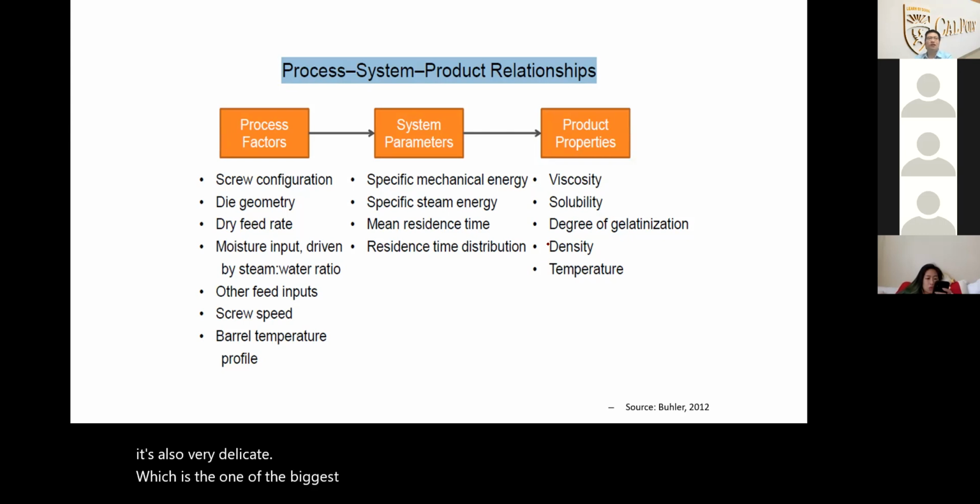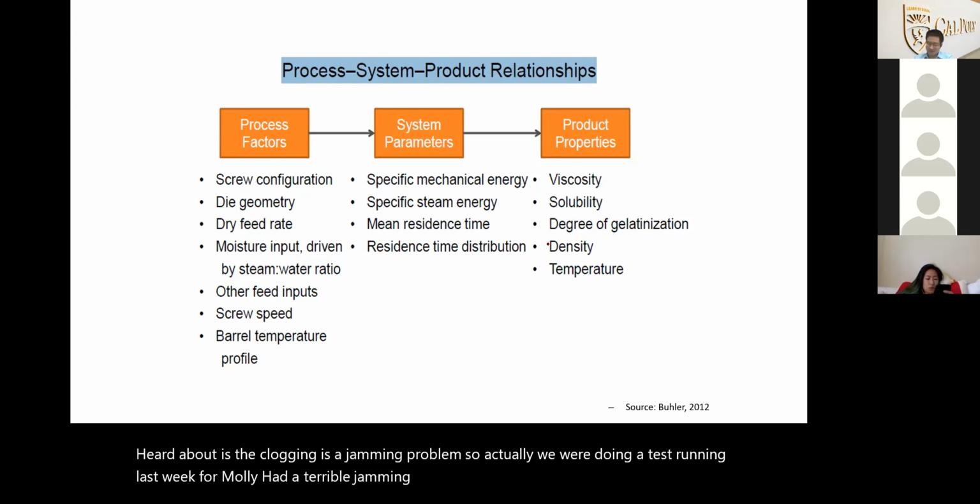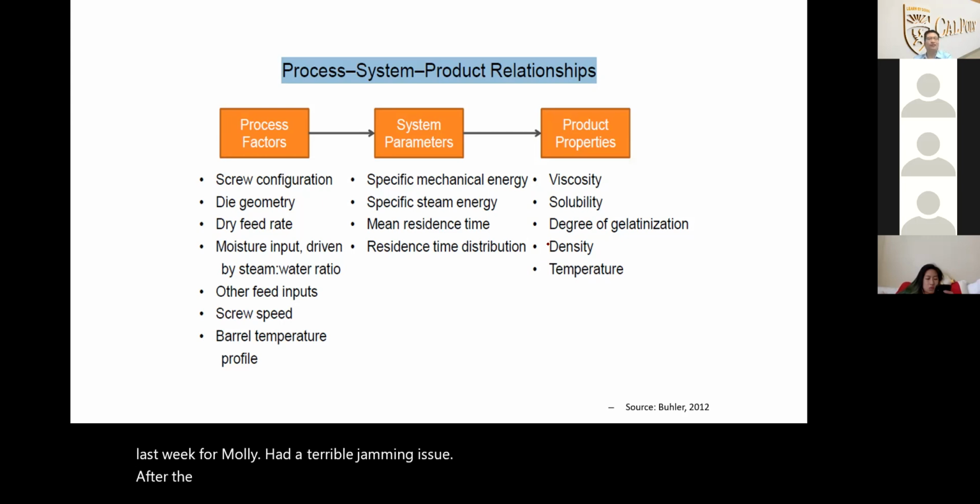On the other hand, it's also very delicate, which is one of the biggest issues with the extruder. I don't know if you have heard about clogging. It's a jamming problem. We were doing a test run last week, and Molly had a terrible jamming issue after the process was over, when she was trying to shut down.